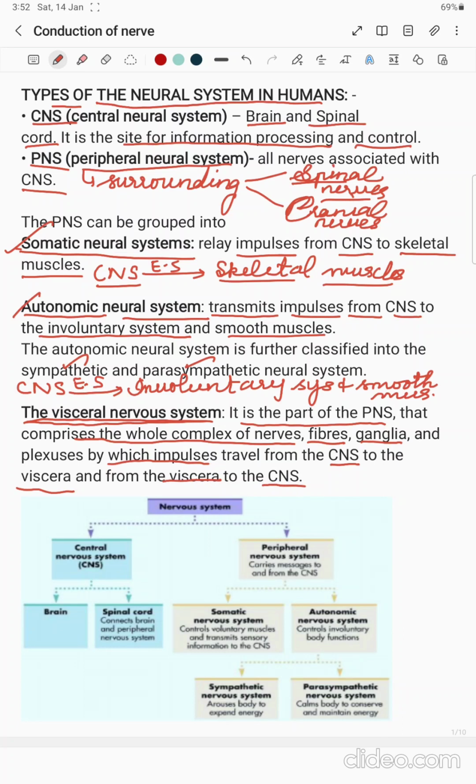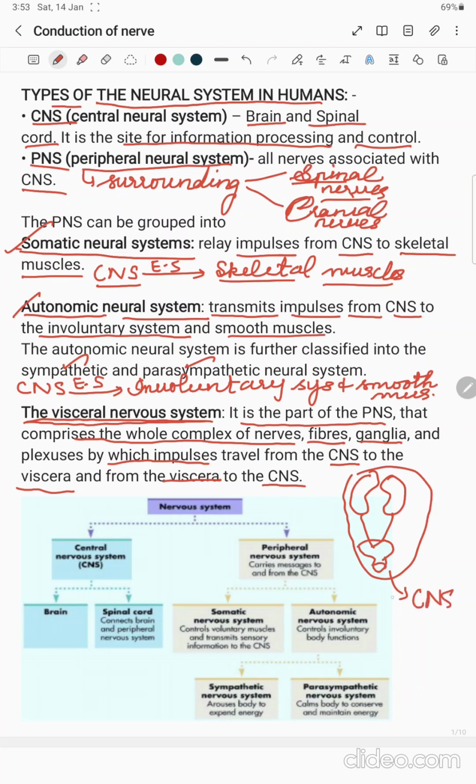Whatever actions we need, for example, consider this as a kidney. Suddenly, this kidney has to eliminate waste product. So what will happen? The nerves associated with this kidney will instantly transmit the nerve signal in the form of impulses to the central nervous system.